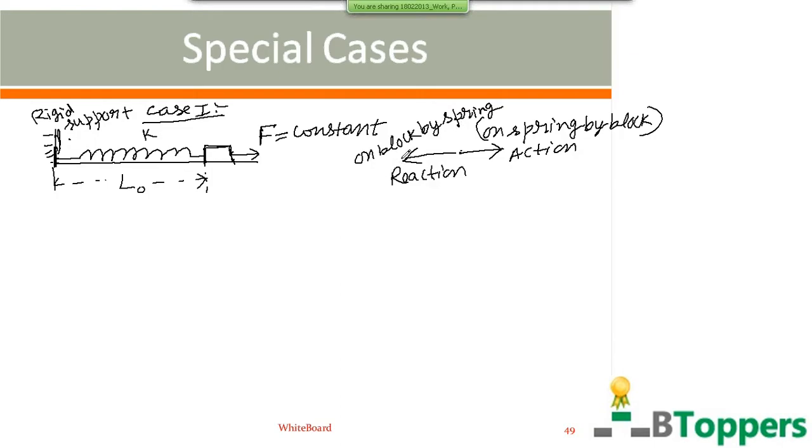This reaction exerted on the block by the spring is a conservative force, which is denoted by F subscript S. As I discussed, that is equal to minus Kx. The negative sign is used only to indicate that it acts opposite to the elongation of the spring.